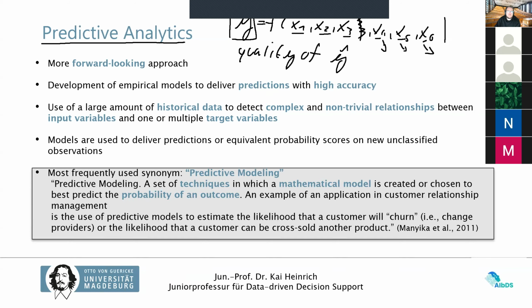But the basic idea of modeling credit decisions is the same. The important thing in predictive analytics is that it is mostly forward looking. We look into the future. If we want to grant credits, we've never seen the customer before. We have seen customers in the past and we can describe them.